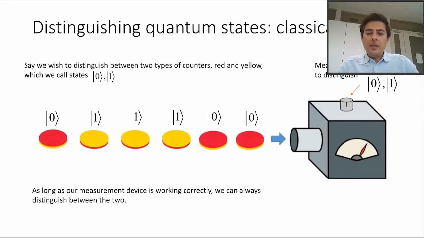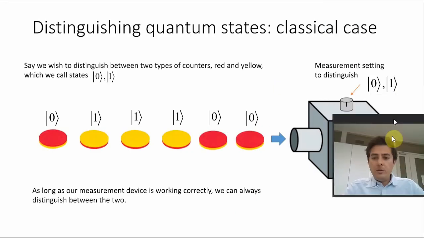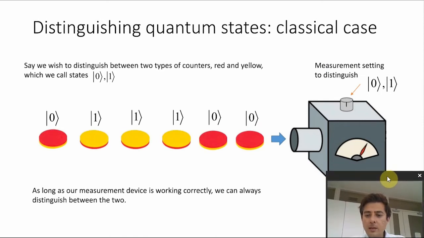Okay, and then we get on to an application of what we've been talking about here. In the classical case, because we take measurements for granted, we don't really think too much about concepts like distinguishing between states.